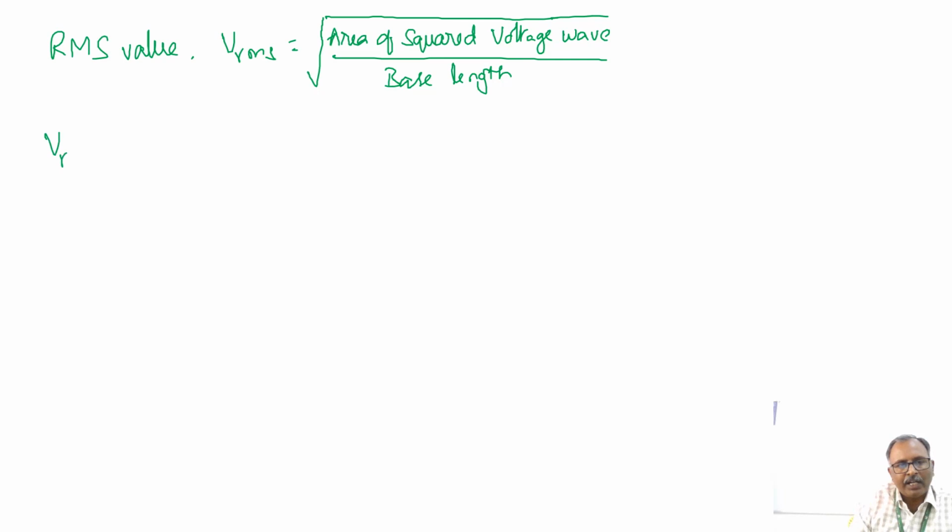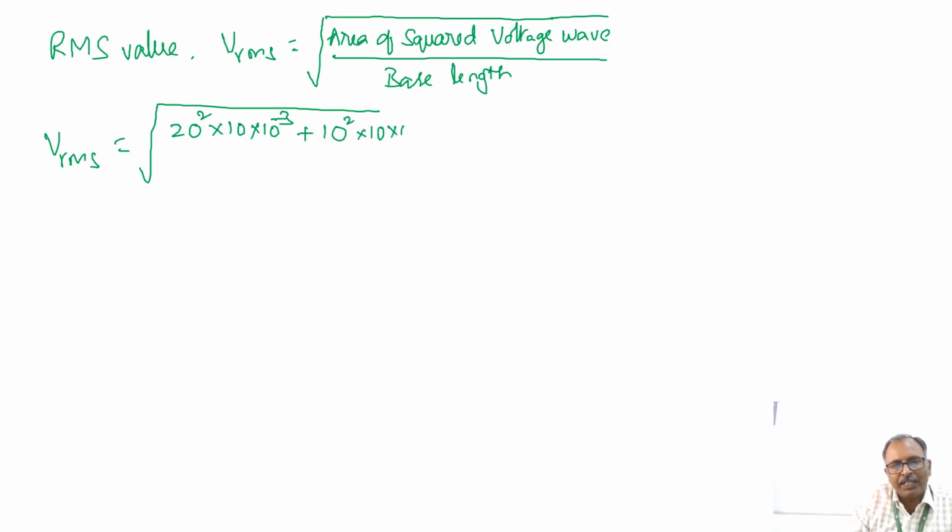So V RMS is given by, for the first 10 milliseconds we have a magnitude of 20 volts. So 20 squared into time duration 10 into 10 power minus 3, plus, for the next 10 milliseconds we have 10 volts, so 10 squared into duration 10 milliseconds, divided by base length 20 milliseconds.